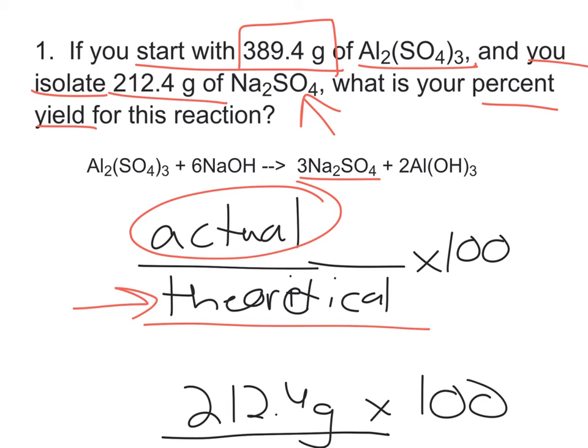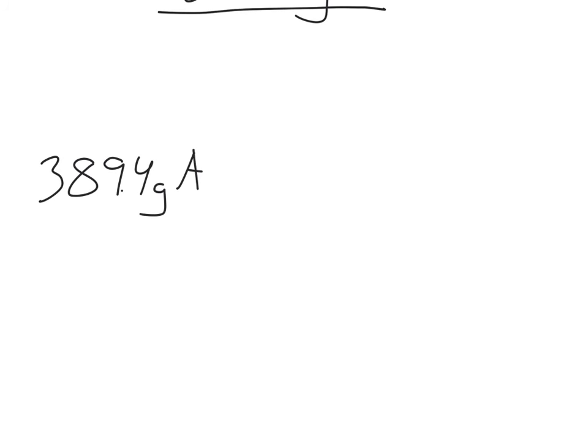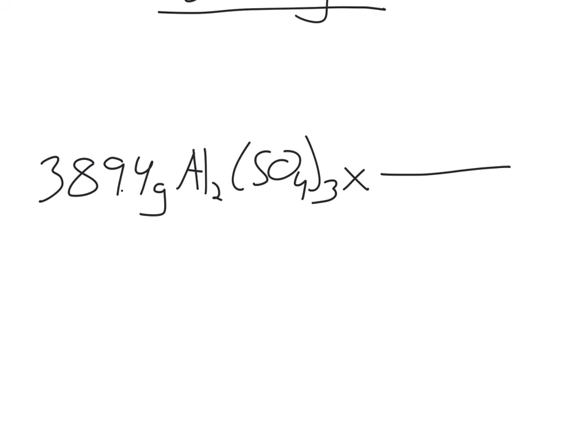So let's take that 389.4 and put it out front. 389.4 grams of aluminum sulfate. Times. I'm going to get rid of grams, and I have to get moles. Remember, in order to use our balanced equation to convert something, we have to be in moles.